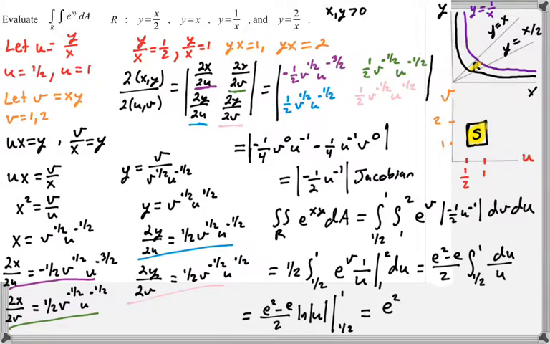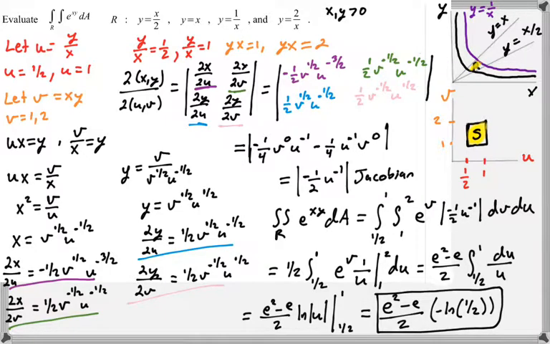The natural log of 1 is going to be 0, so we'll just have minus the natural log of the absolute value of 1/2. So you have e squared minus e over 2 times negative natural log of 1/2. We don't need the absolute value. Okay, you could distribute the negative sign there and make that e minus e squared over 2 natural log of 1/2. So you can also write it that way. Okay.